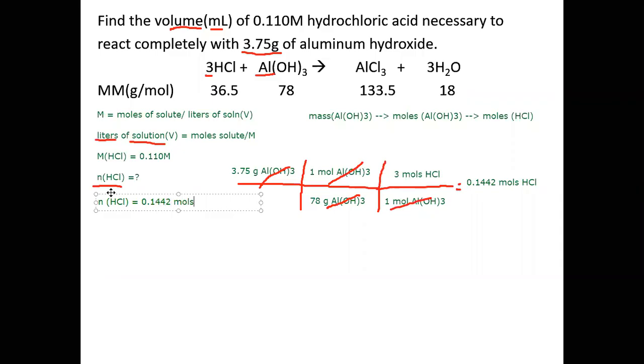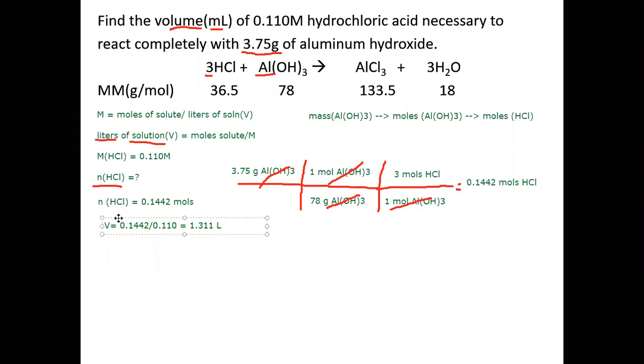Now we know the moles, we can find the volume. The volume equals moles divided by molarity. So we get 1.311 liters.